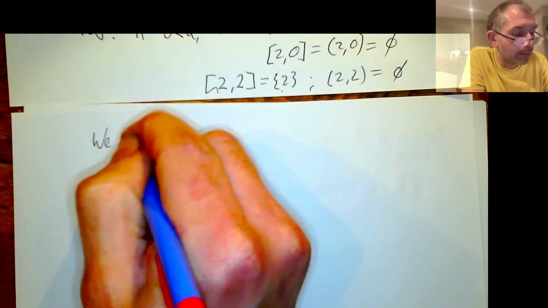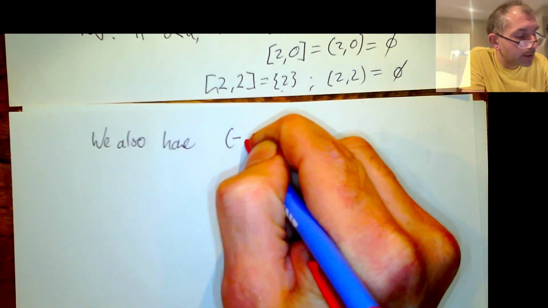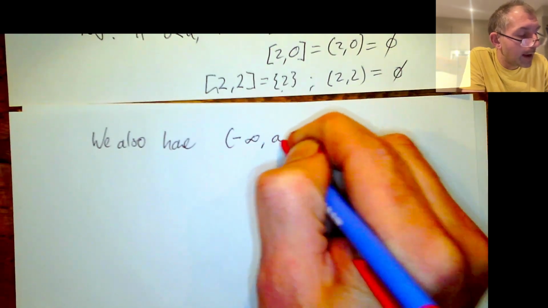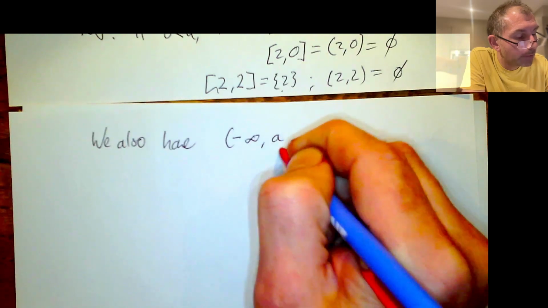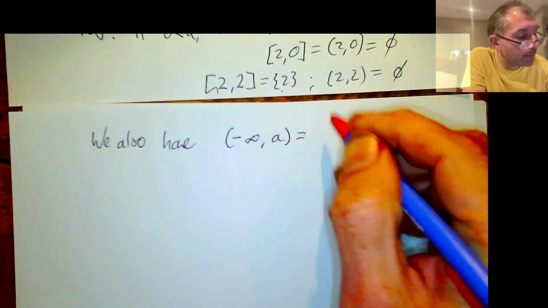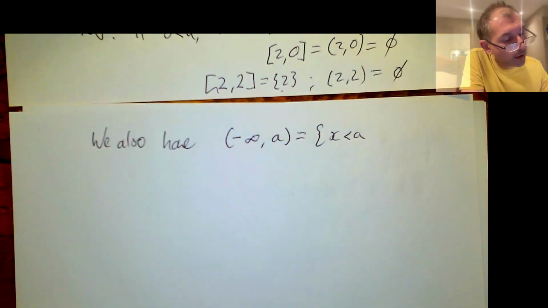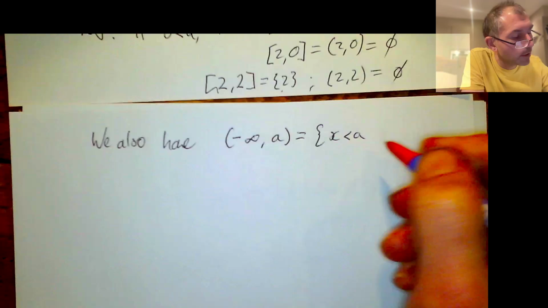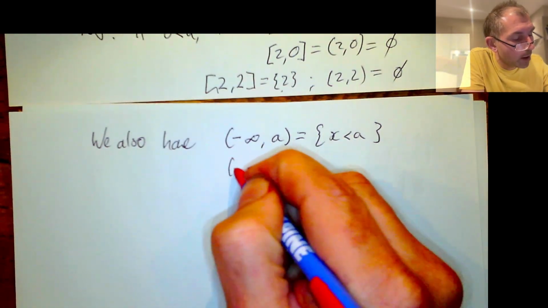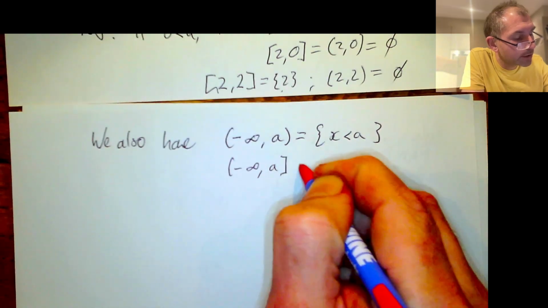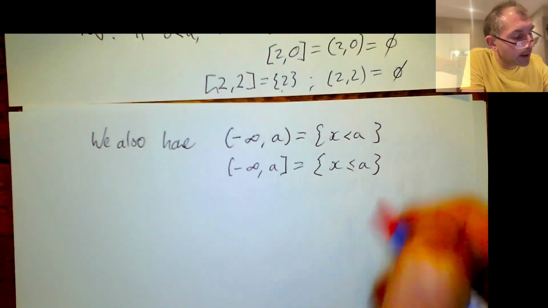So we also have the notation (minus infinity, a), and I can put either a rounded bracket or a square bracket. This will be all the elements that are strictly less than a, and I'm putting no limit on the left-hand side. I could have all the elements like that, but including the endpoint, so that would be x less than or equal to a.